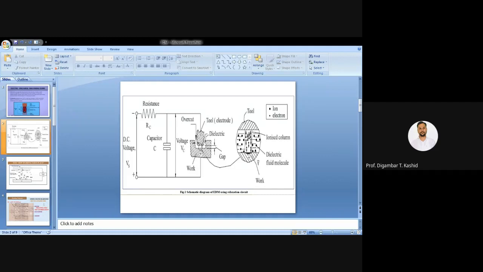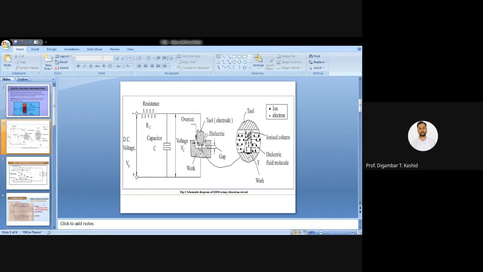When the applied potential is greater than the breakdown voltage, only then does current flow through the dielectric. When the applied potential difference is greater than the breakdown voltage of the dielectric fluid, flow of current is possible.